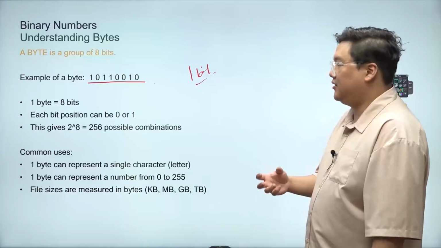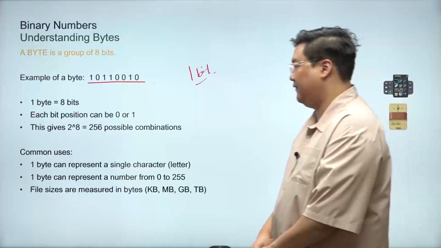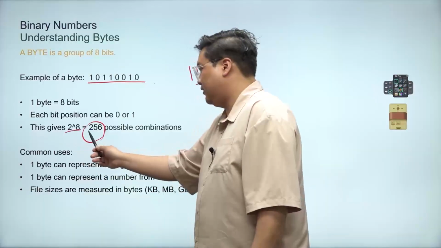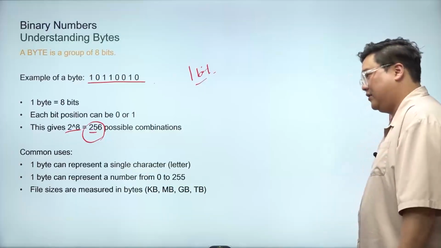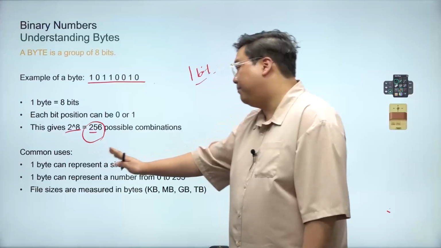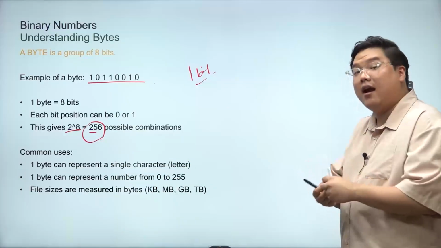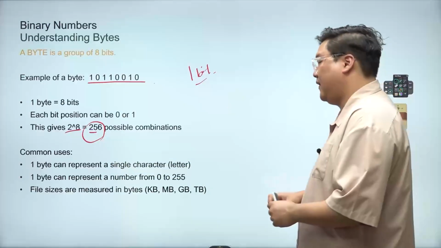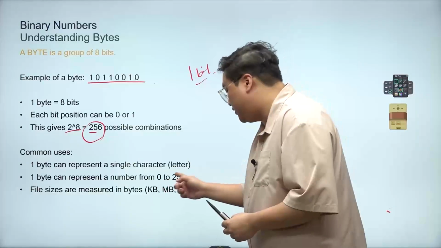Each bit position can be 0 or 1, and this gives 2 to the power of 8, so 256 possible combinations. Okay. So 1 byte can represent a single character, a letter, or a number from 0 to 255.